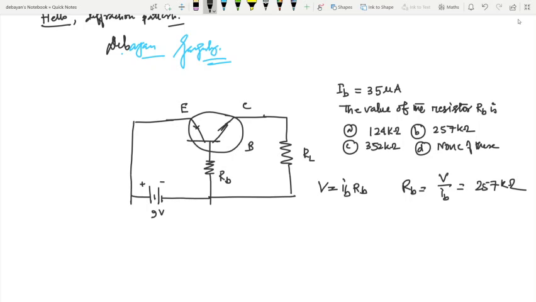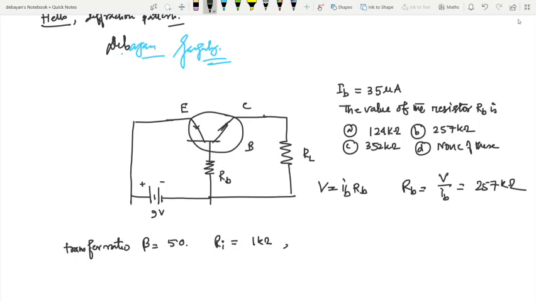ওকে, তাহলে আরেকটা অঙ্ক। The question is, say the transfer ratio, that means the value of beta is given, input resistance of the transistor is 1 kilo ohm.